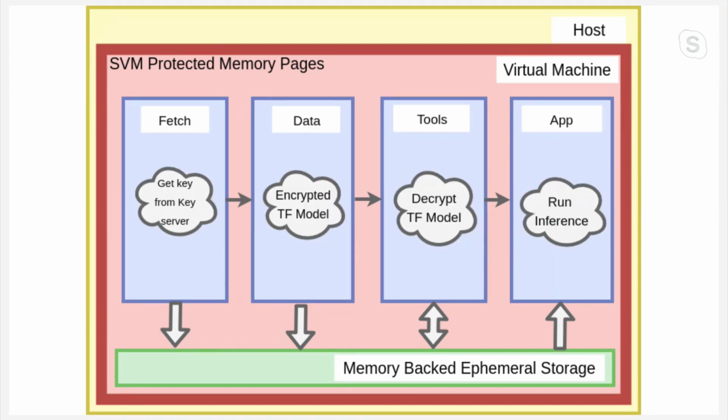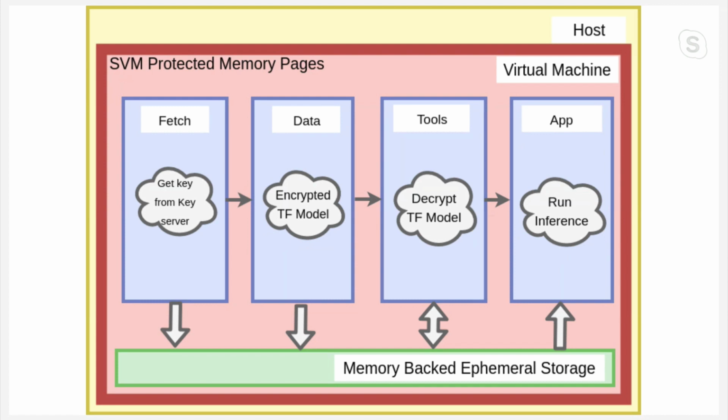So let's imagine a typical work scenario. Let's say you have a TensorFlow model which you want to protect from the host, and it's probably your IP. What you can do here is have, let's call it, a data container, where you can embed this encrypted TensorFlow model.